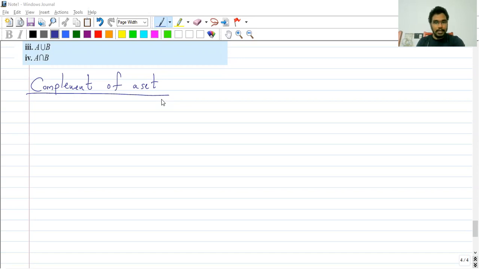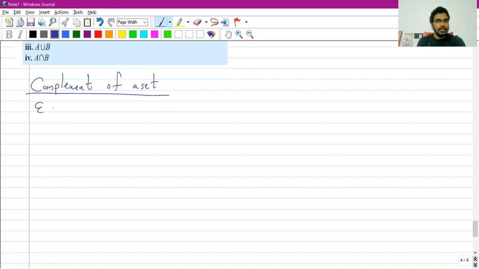So shall we take an example and try to understand it? Shall we take a universal set of 1, 2, 3, 4, 5, 6, 7, 8, this way. And shall we take a subset A? So we can take 2, 4, 6.